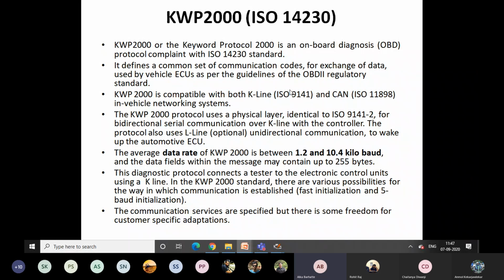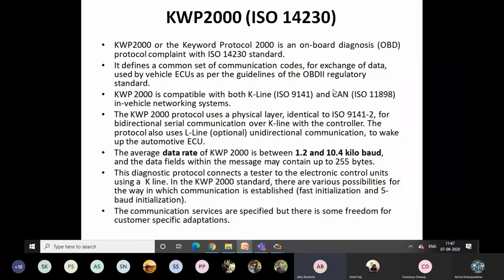Now the CAN which we have studied, the protocol remains the same; the only thing is that here KWP is using this CAN protocol for communicating diagnostic information. We are using the CAN protocol for communication between two devices.